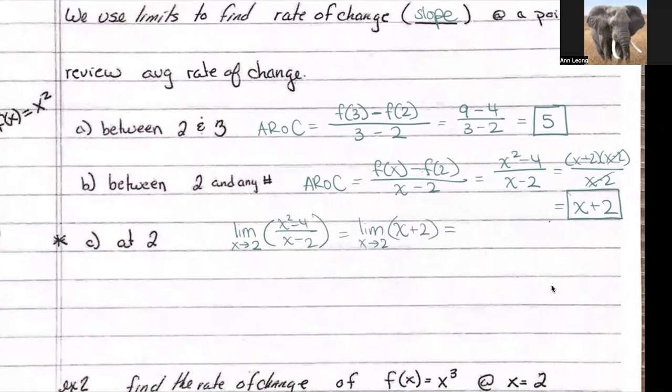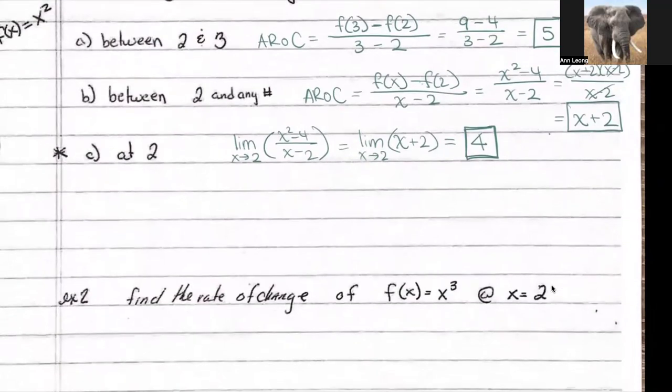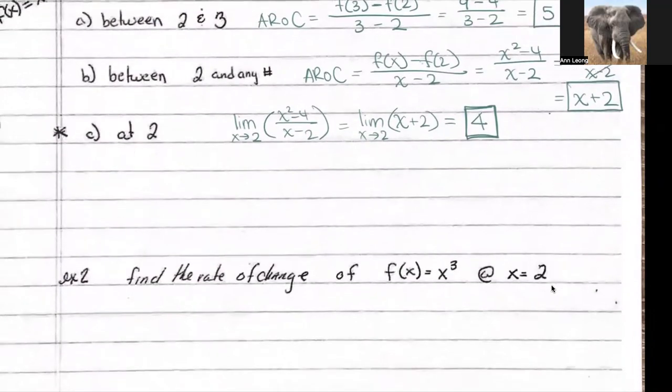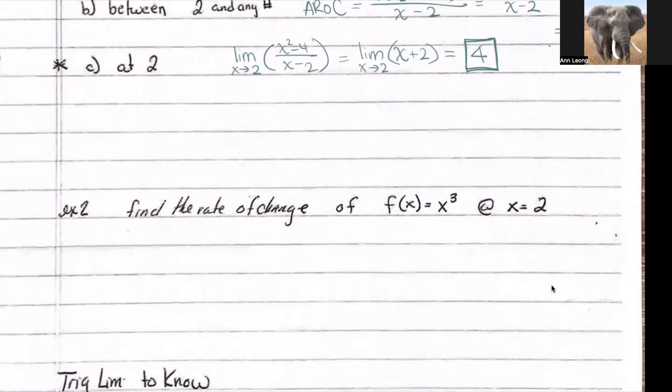So plugging it in, I get 4. So that's how we can use limits to get that number. Okay, so go ahead and try example 2, and then once you have your answer, unpause the video and check to see what you got.